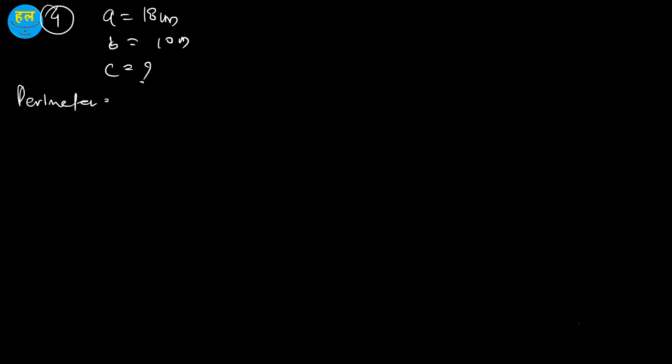So perimeter is 42. Perimeter of a triangle is the sum of all the sides. That means 18 plus 10 plus C is equal to 42. C is equal to 42 minus 28. So C is 14.